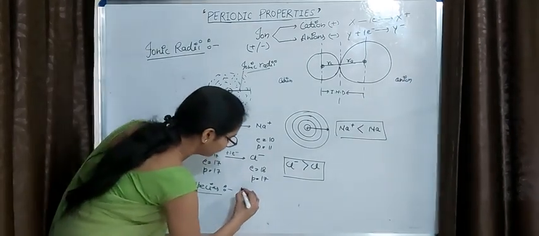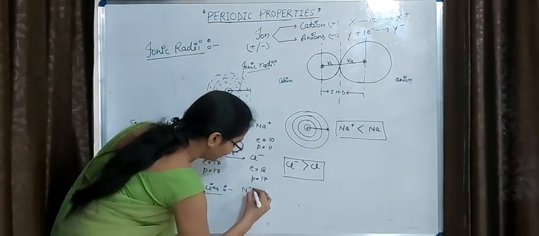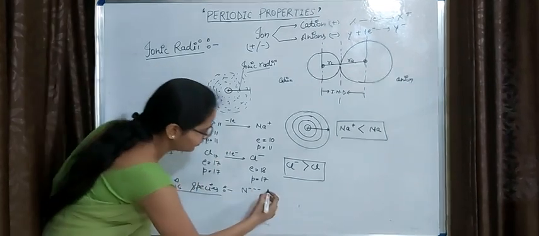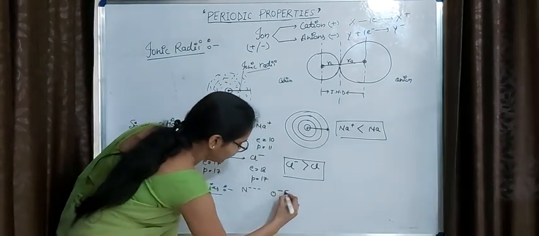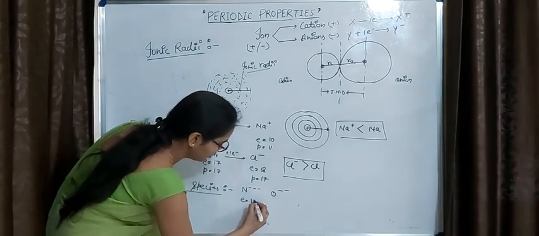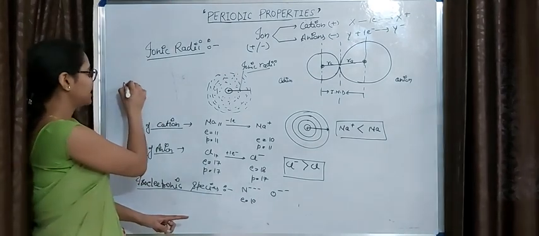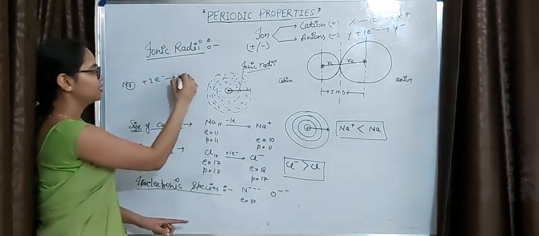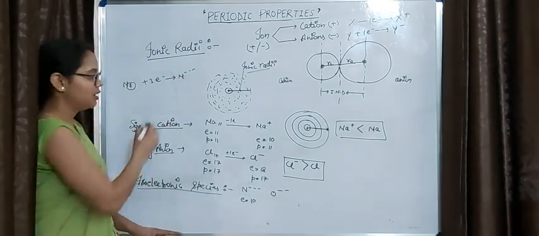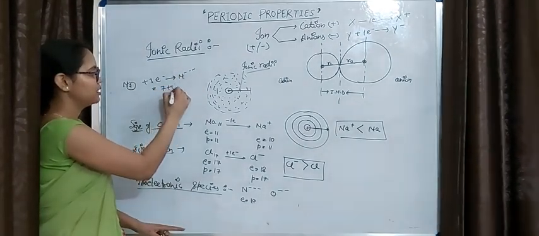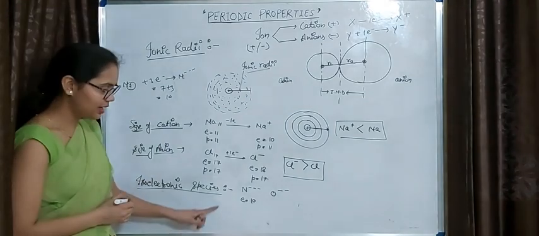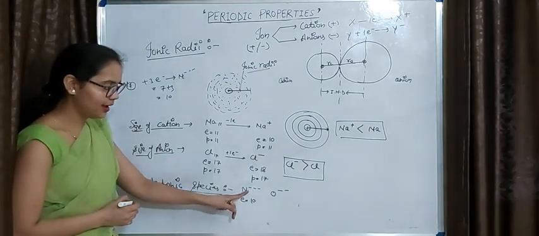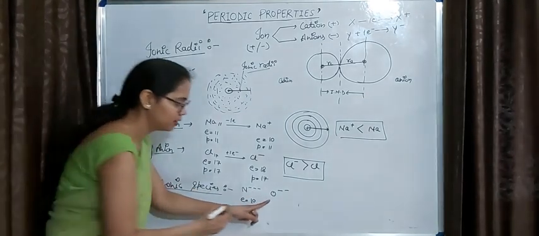Like N³⁻, O²⁻, they have 10 electrons. Nitrogen has 7 electrons, and after accepting 3 electrons it converts into N³⁻, meaning 7 plus 3, which means 10 electrons. That's why the number of electrons in N³⁻ is 10.